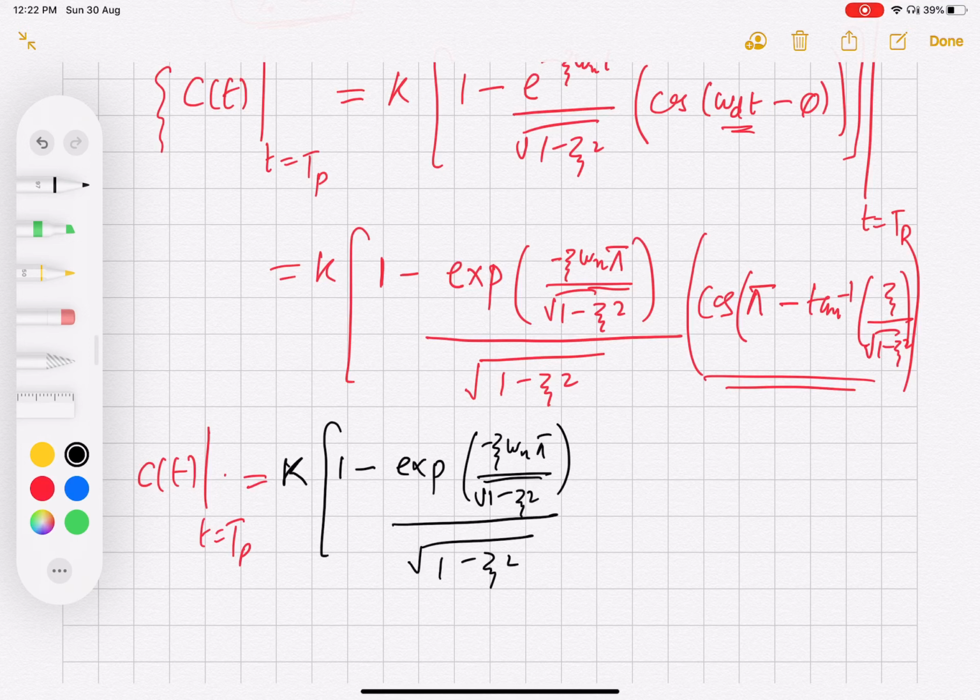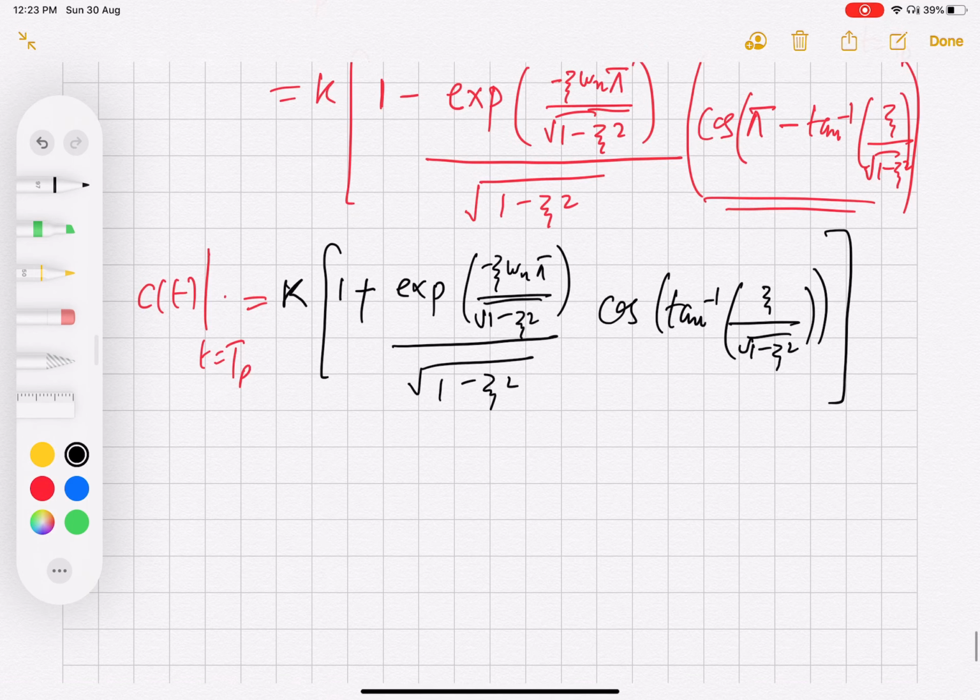So this becomes plus, and here I have cos of tan inverse zeta upon under root of 1 minus zeta square, right? This thing is equal to under root of 1 minus zeta square.